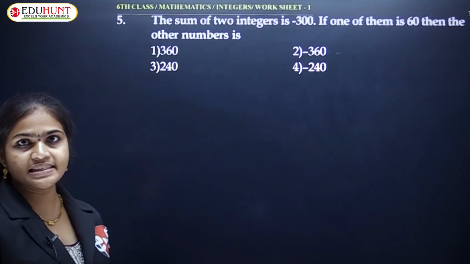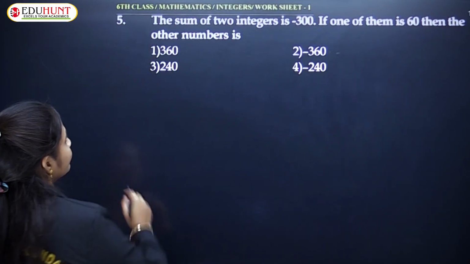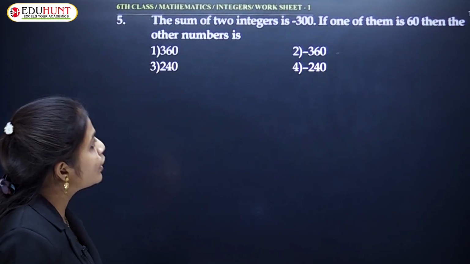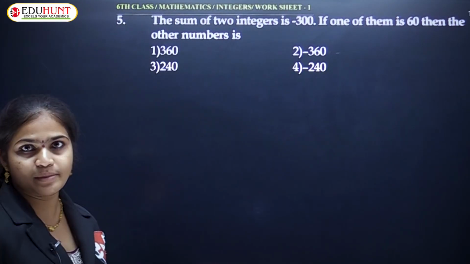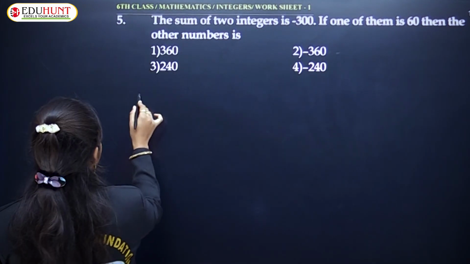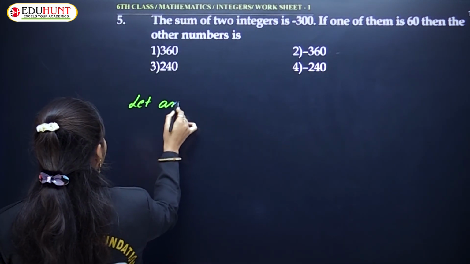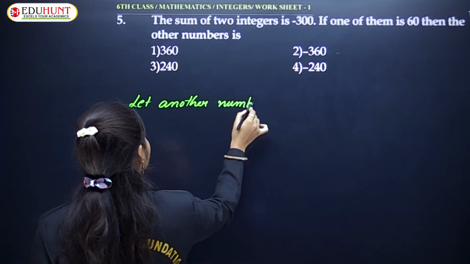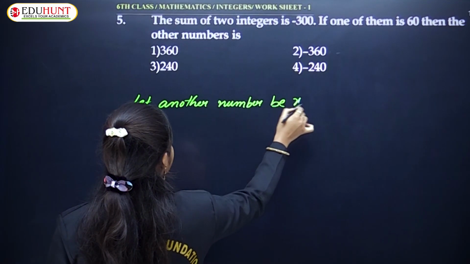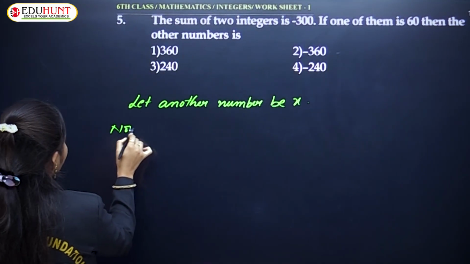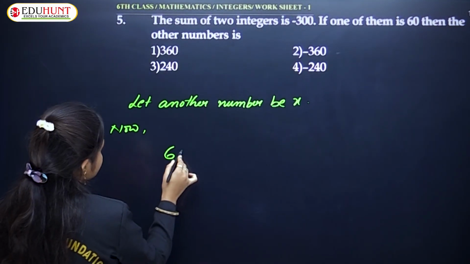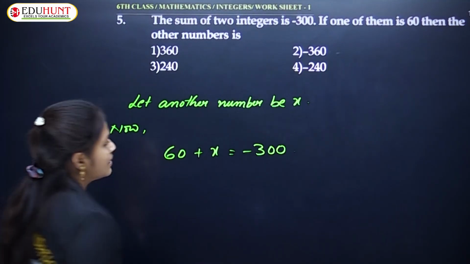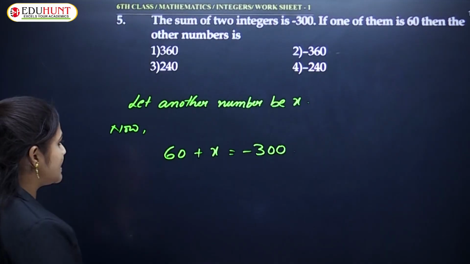The sum of two integers is minus 300. If one of them is 60, then the other number is. Let the other number be x. Now one of the numbers is 60. 60 plus x is equal to minus 300.